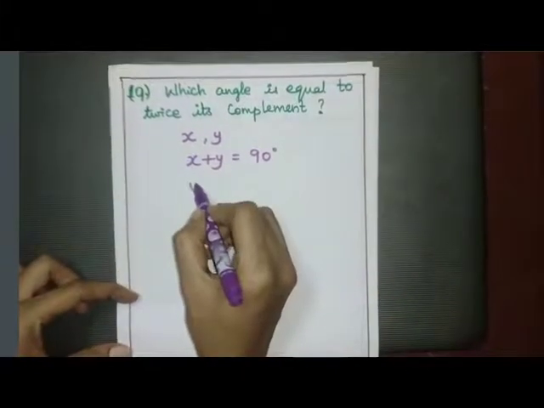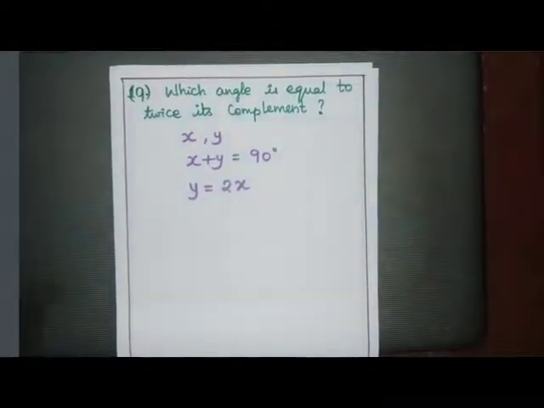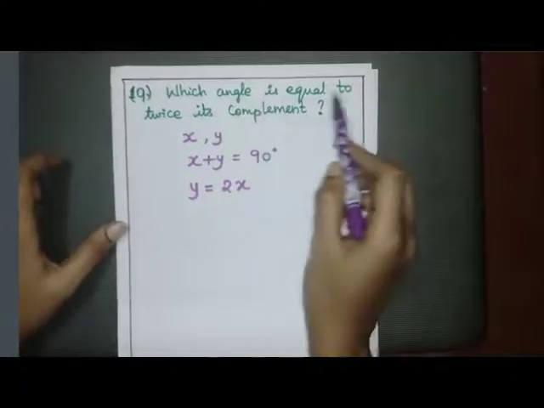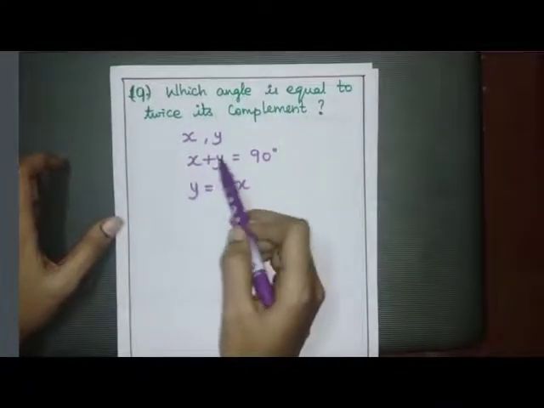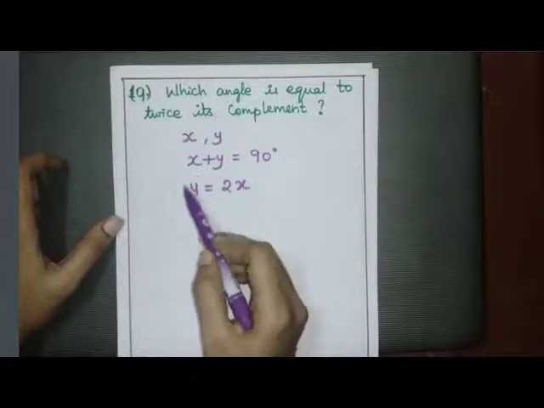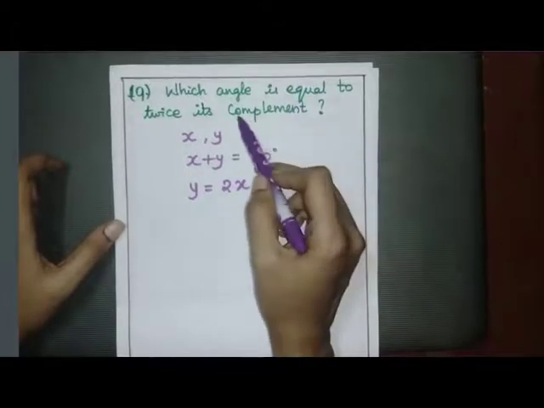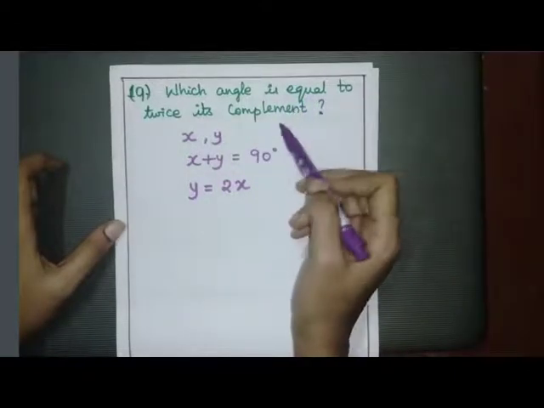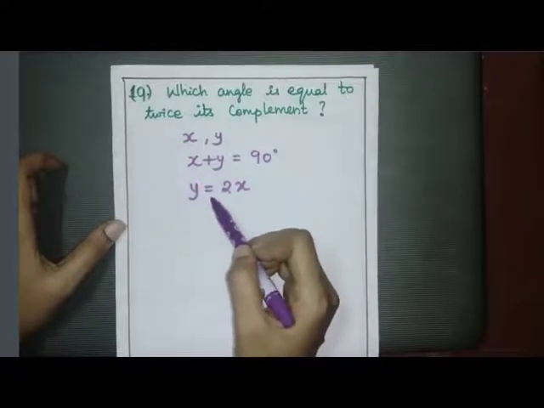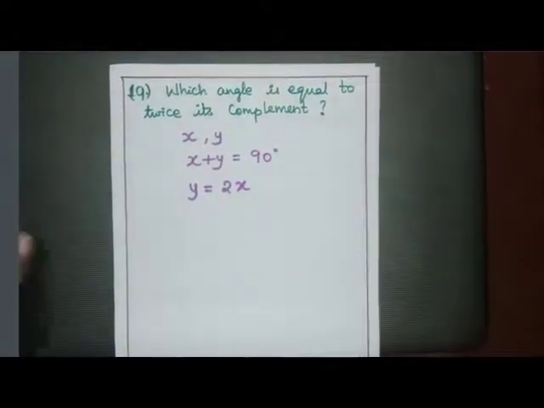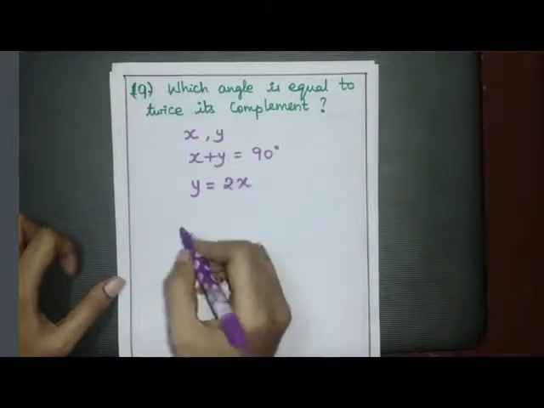Let us take y to be 2 times x. X and y are complementary to each other. So I am taking y as twice of x, because in the question one angle is twice its complement. Y is the complement angle of x, so I am writing y as 2 times x. So here instead of y I am going to write 2x.